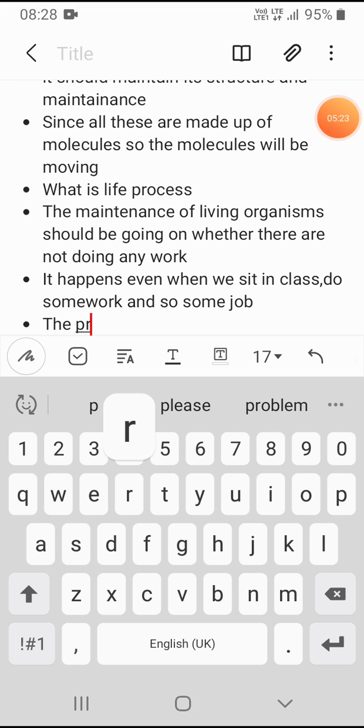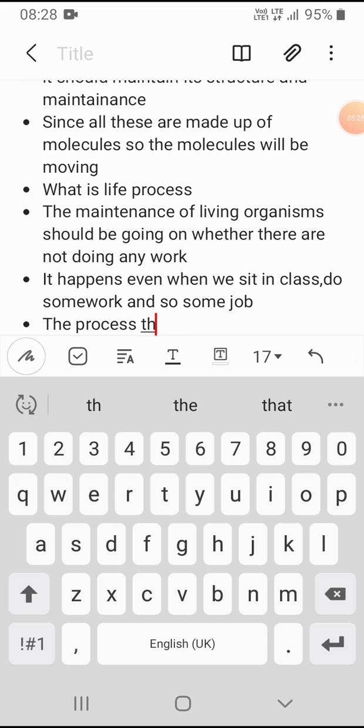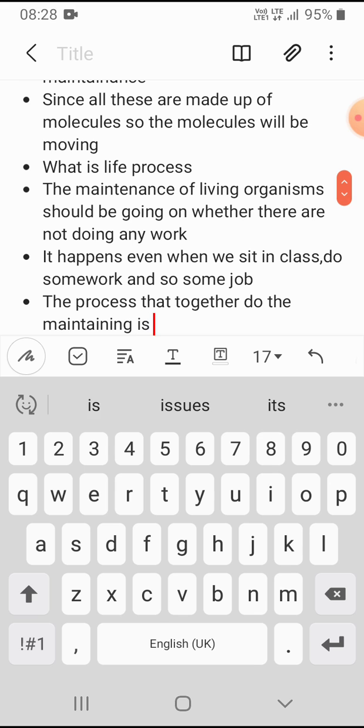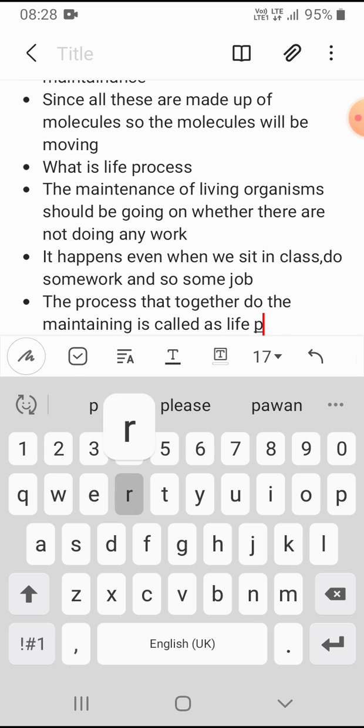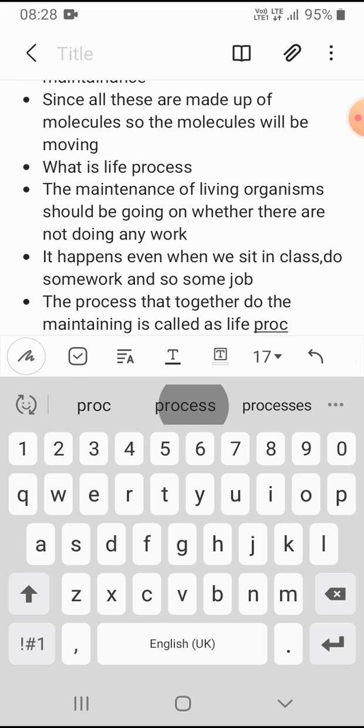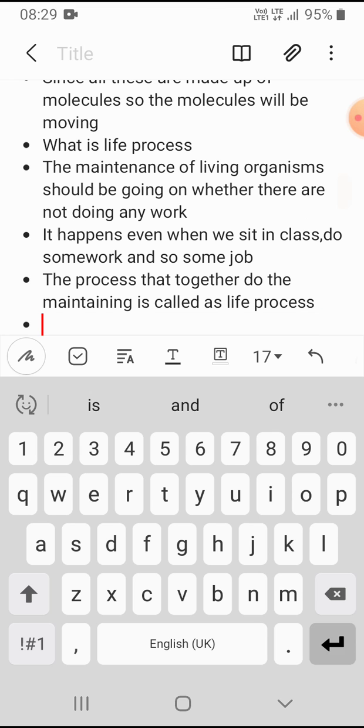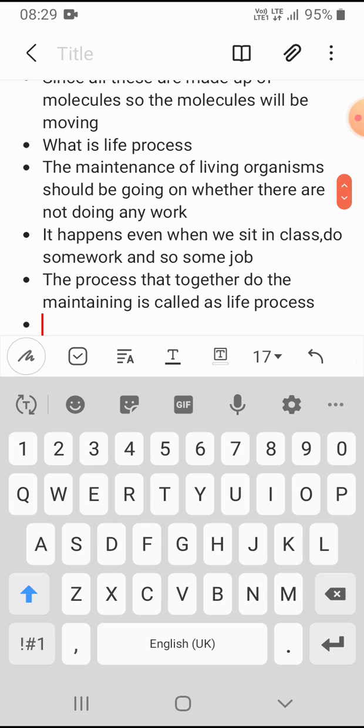The processes that together do the maintenance of the body are called life processes. What does life process mean? The processes that together do the maintenance of the body are called life processes.